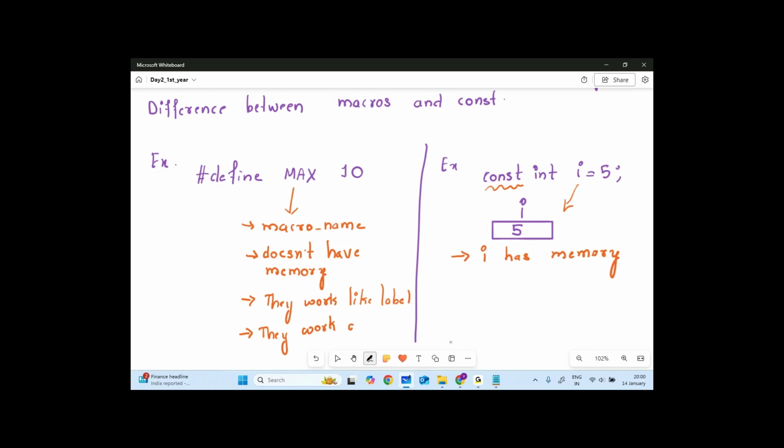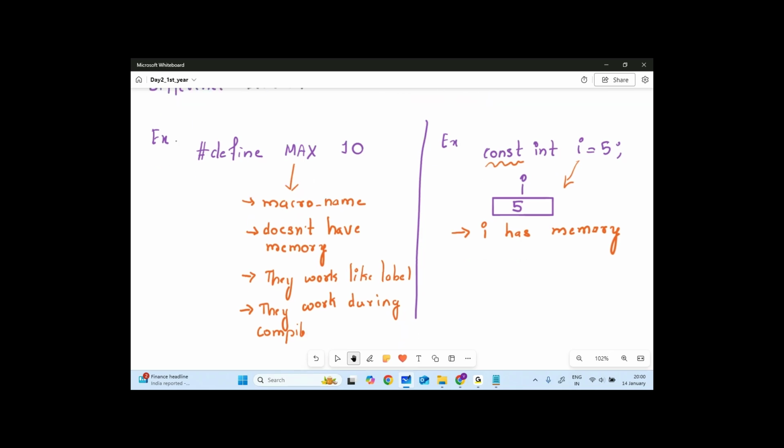Whereas for the variable, substituting the i value in any expression, suppose you have something like area = i * i, first we need to substitute the value of i, and this substitution happens during runtime.